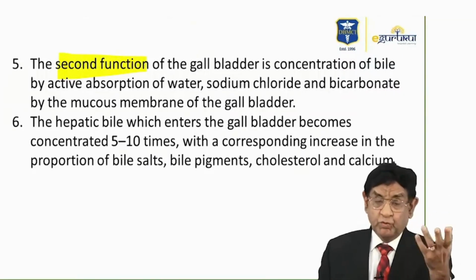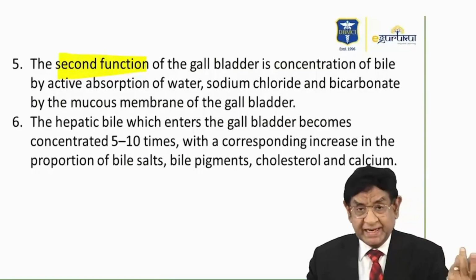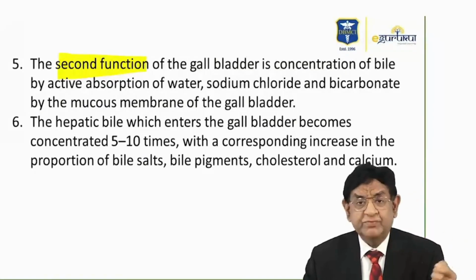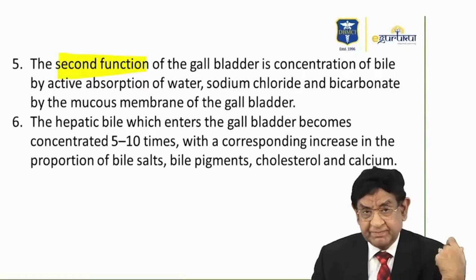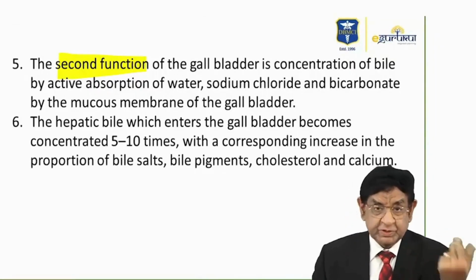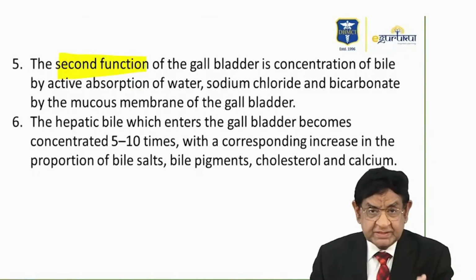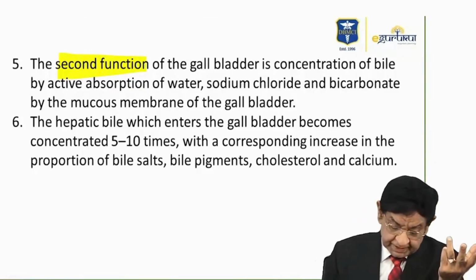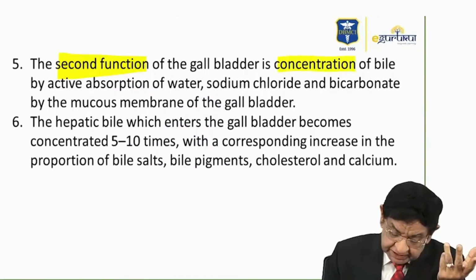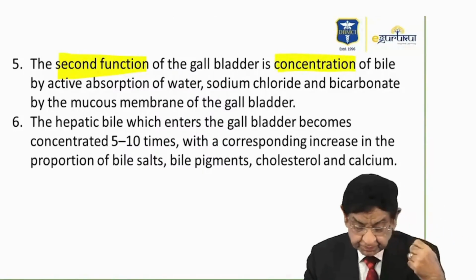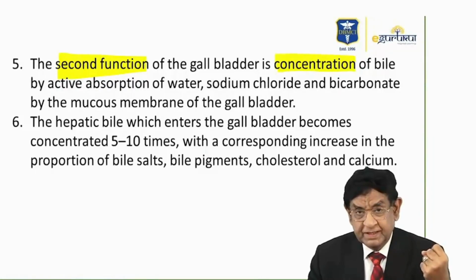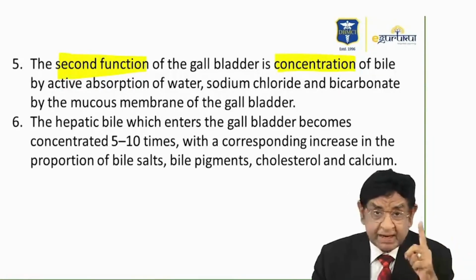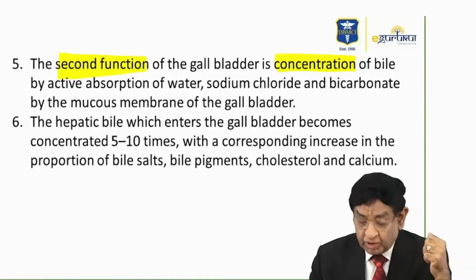Second function. A huge amount, about 1 liter, of bile is made by the liver. But once it comes to the gallbladder, it causes concentration of the bile. How? Remember, 97% is water.